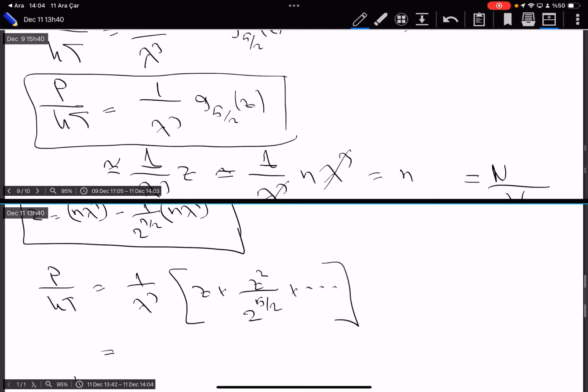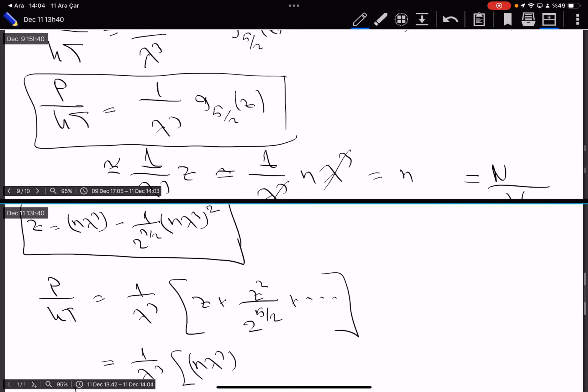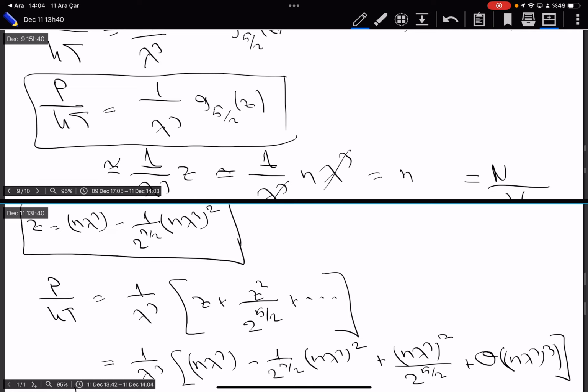So this is 1 over lambda cubed, n lambda cubed is the first term, minus 1 over 2 to the power 3 halves n lambda cubed squared. These two are from the first Z. Now I need to take the square of Z, which will be plus n lambda cubed squared divided by 2 to the power 5 over 2, plus other terms which are of the order of n lambda cubed cubed.